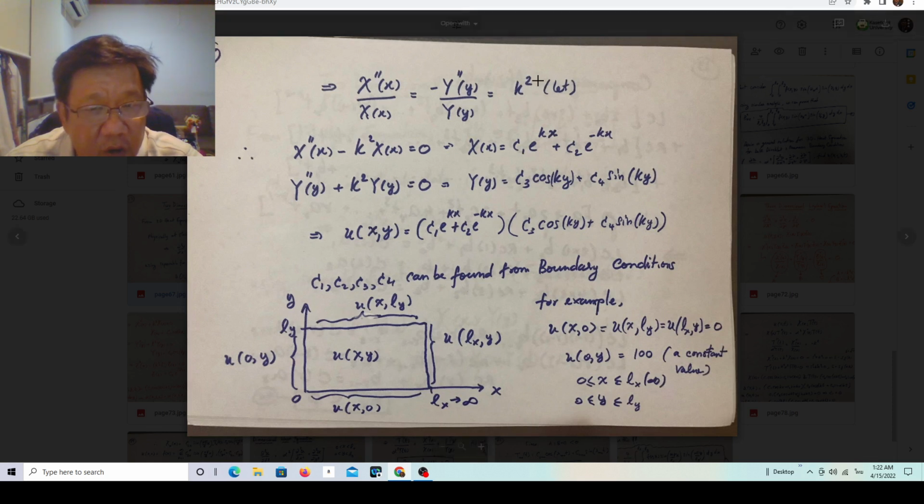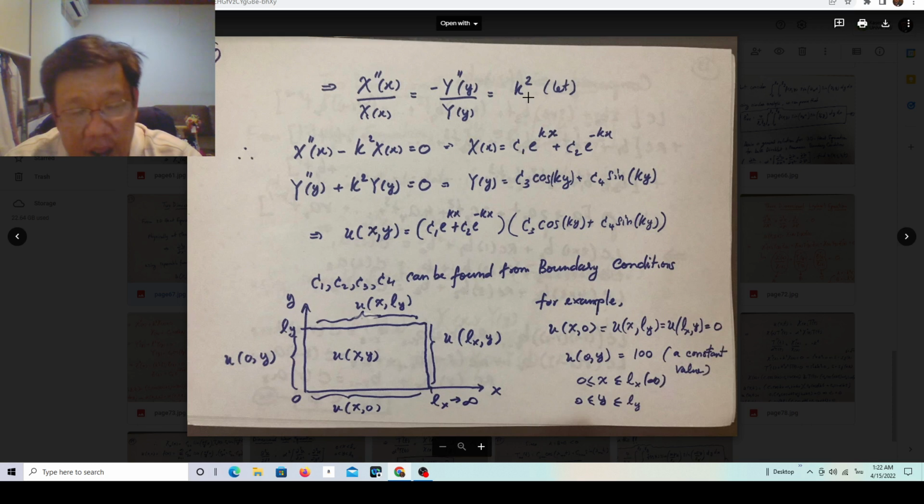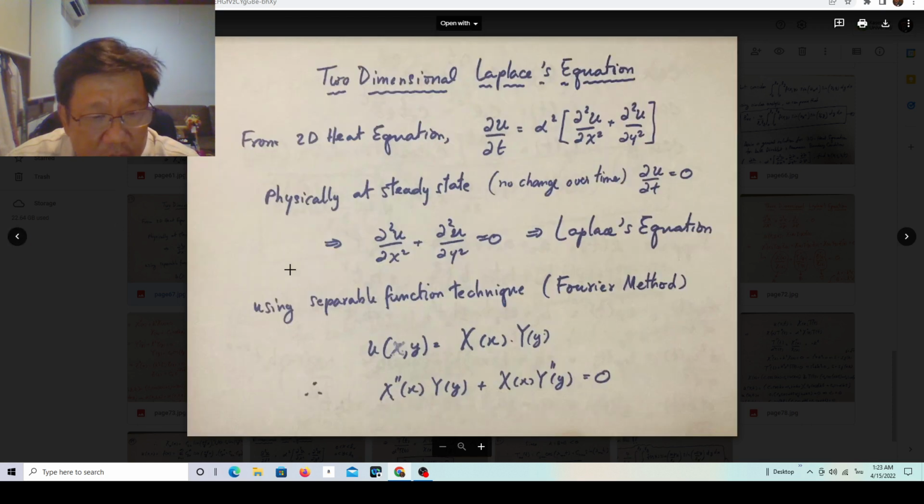I think we used a different notation when we applied this to the heat equation; we assumed it as lambda, but in this case we're going to put it as k squared. Why k squared? Because you have to remember that this is a second order equation.